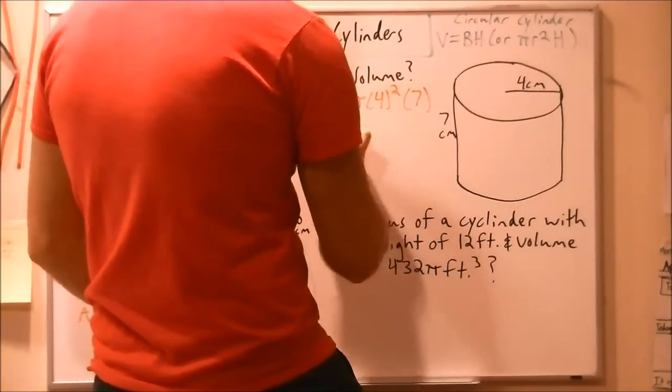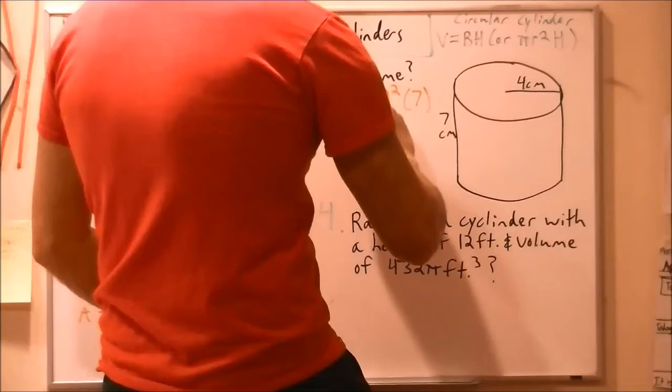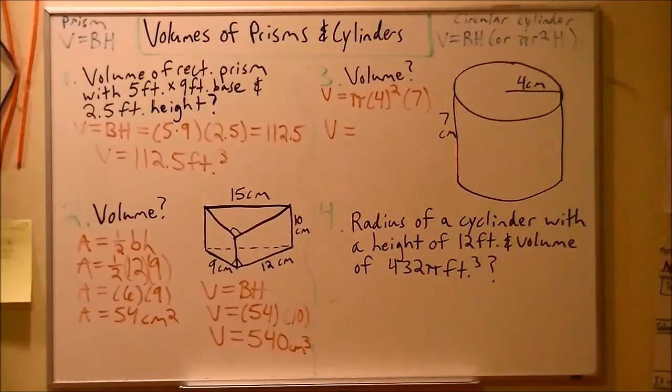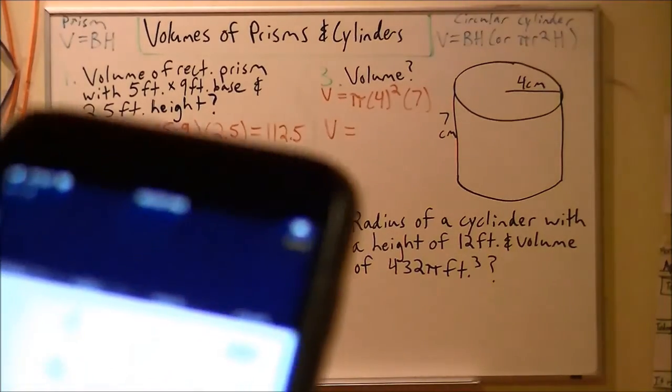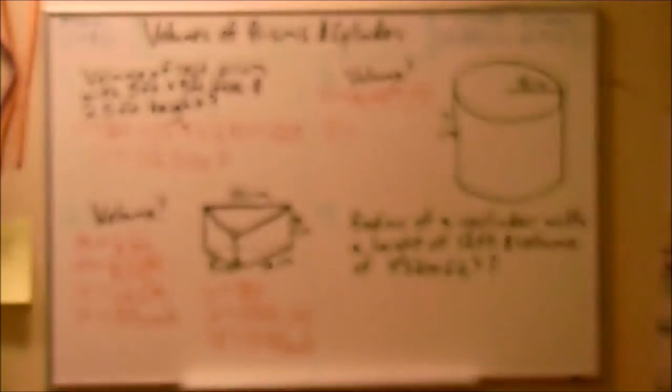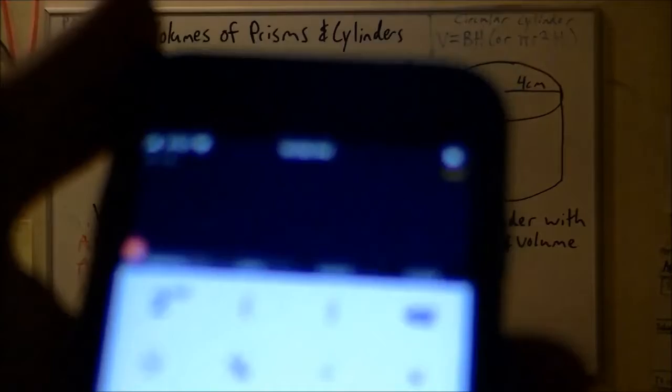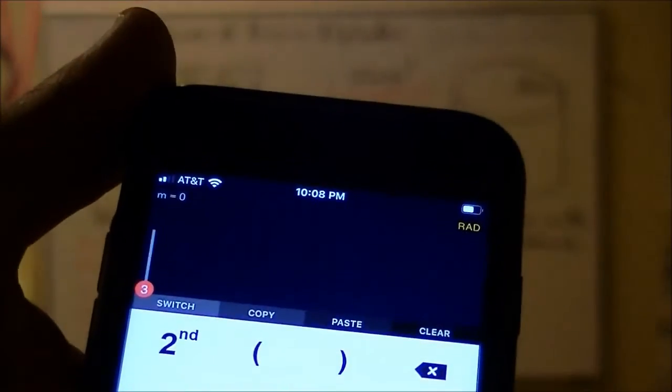Okay, let's get a little bit more room and separation. Now we're just going to multiply all these together. So we have pi, which is, well, let's not start there, because we have 4 squared first, don't we? We do exponents before multiplication, so 4 squared, 4 times 4, is 16.